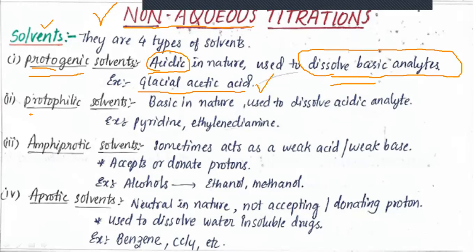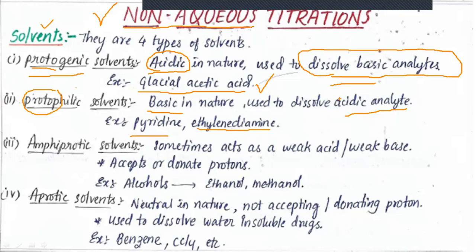In the same way, the second solvent type is called protophilic solvents, which are basic in nature. For example, pyridine and ethylene diamine. So what are these protophilic solvents? These protophilic solvents will be accepting the protons from the analytes, right?